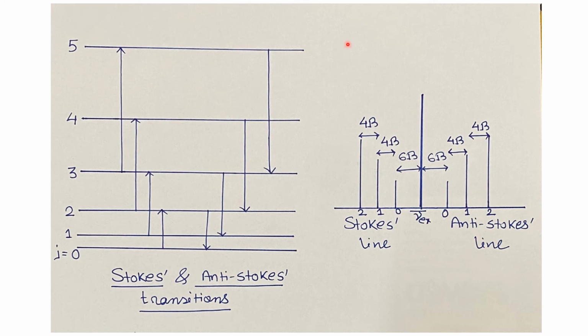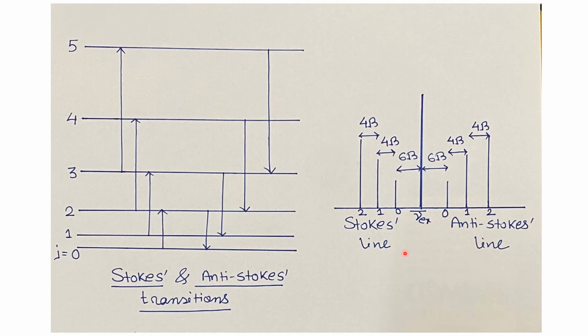And if we consider the spectrum from this transition, then we'll have the central line which has the same energy as the incident photon, that is nu Ex bar. The first transition that corresponds to J equals to 0 will have the separation 6B from the central line on both sides.